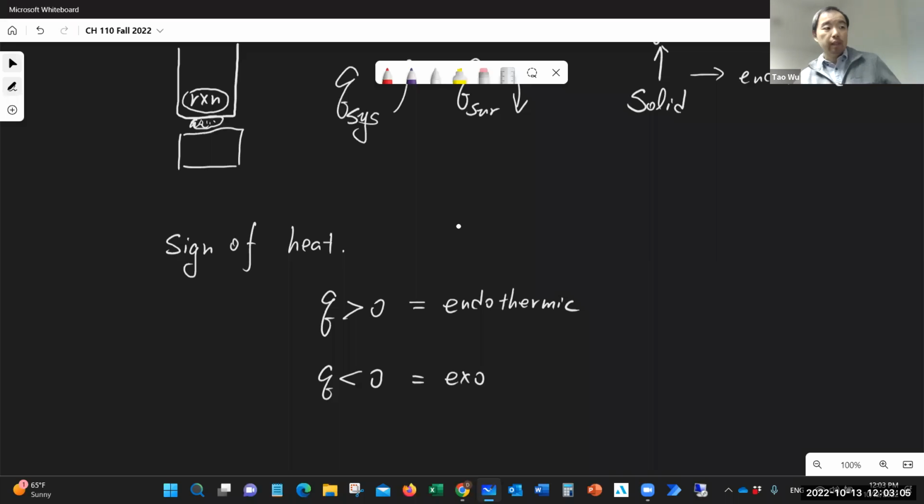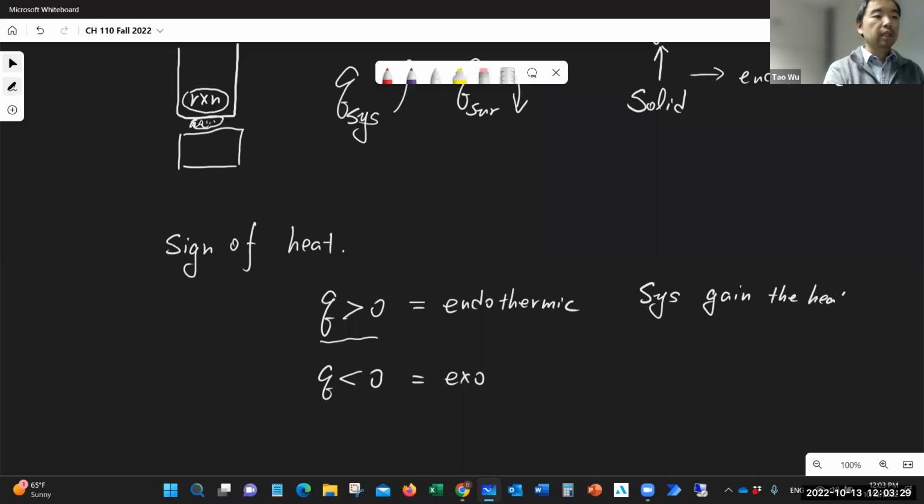So what does that mean? It's about the direction the heat is transferred. When the heat is positive, that is endothermic, which means the system gains the heat.